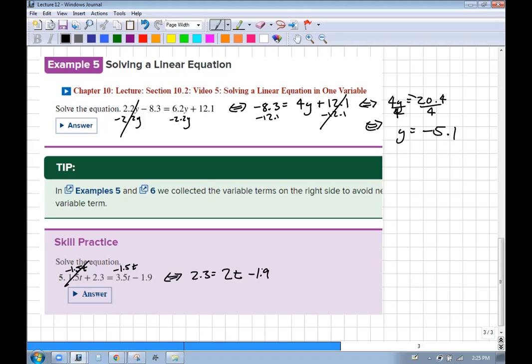Now let's get rid of this 1.9. So I'm left with 2t is equal to 2.3 and 1.9, that's 4.2. Now divide everything by 2. T is equal to 2.1.